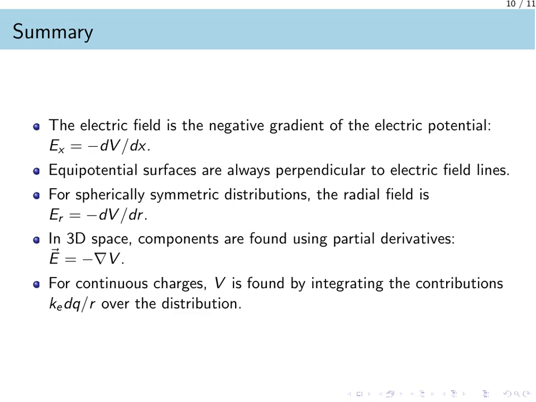For systems with spherical symmetry, the radial field is found by taking the negative radial derivative of the potential. In 3 dimensions, we utilize the gradient operator to relate the field vector to the scalar potential function. Finally, for continuous charge distributions, we calculate the total potential by integrating the individual contributions of infinitesimal charge elements across the distribution.